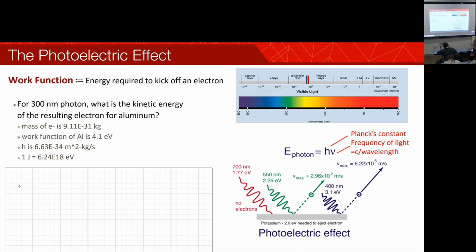And so we can say that the energy in this photon is equal to Planck's constant, which is a pure constant that never changes, times the frequency of the light. If we don't know the frequency but we know the wavelength, we can take c, the speed of light, and divide it by the wavelength to get the frequency.